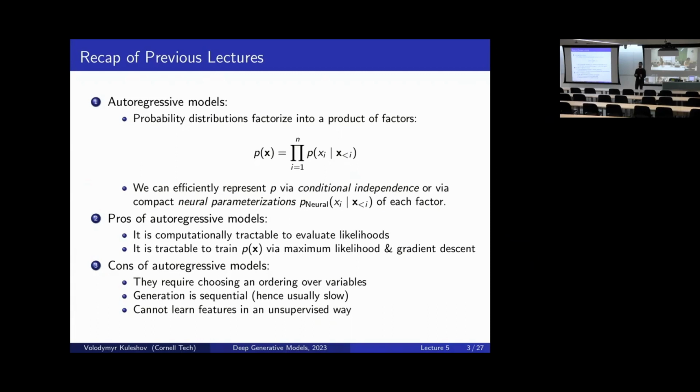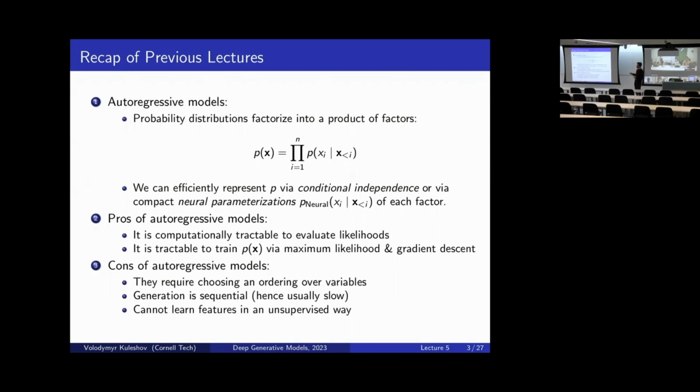If you wanted to generate from a model like WaveNet, it's very slow. Even though the samples are high quality, the sampling tends to be slow. And we're going to revisit this topic in a few lectures from now, and we're going to see ways of accelerating, speeding up sampling in autoregressive models, but that's going to be a topic for a little bit later.